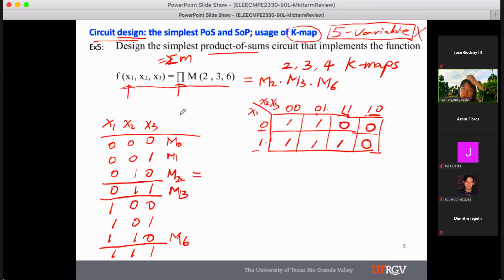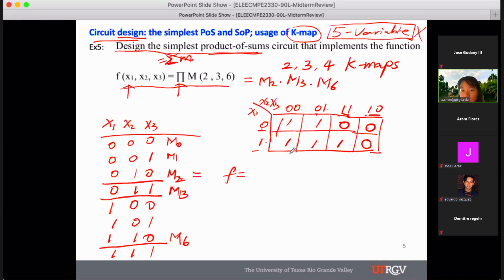See here, this is how you can fill up your K-map from the expression. If you are not familiar, you can always open your K-map and truth table to see which cells they are referring to. And then next, let's go back to the problem, which is to design the simplest POS. Simplest POS means I need to cycle those ones, right? Cycle those ones to get a POS expression. So F equals, that means I need to take care of the 5 ones in the K-map.